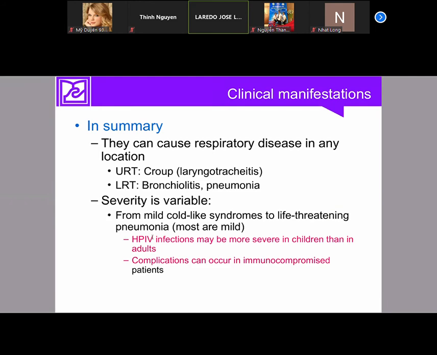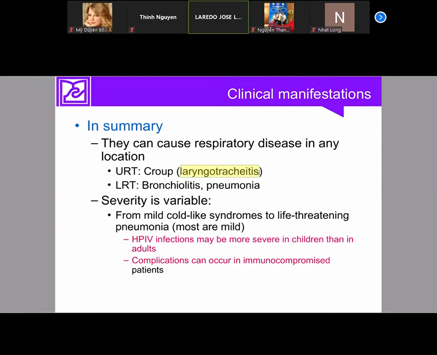So, respiratory pathogens for children and for adults, mostly for children, usually mild. At the upper respiratory tract, these are the most common diseases. A typical disease that they cause is laryngotracheitis, so an inflammation of the larynx and the trachea.